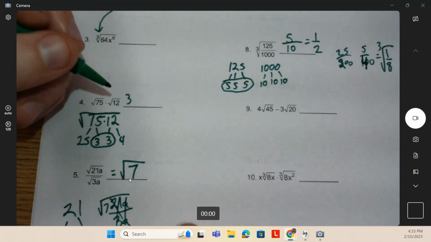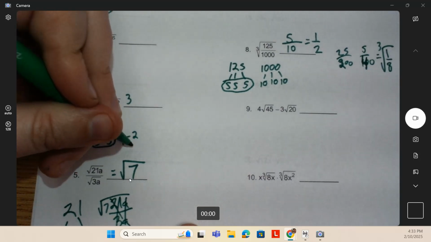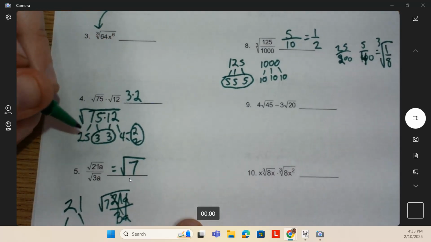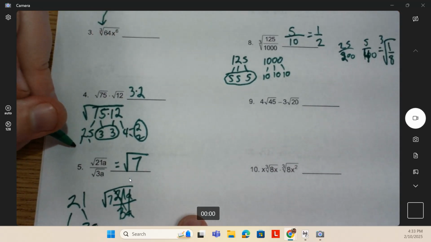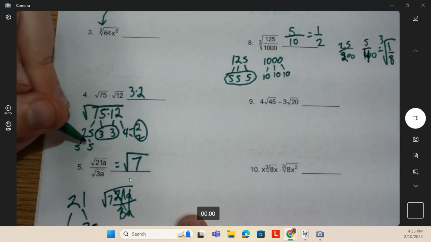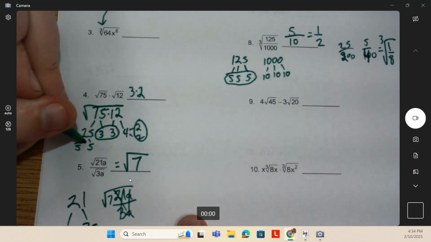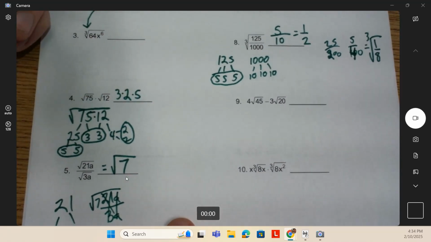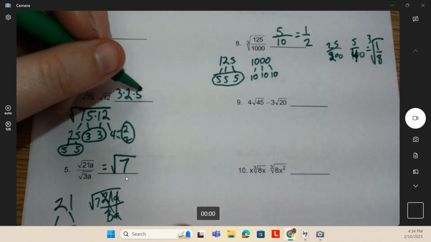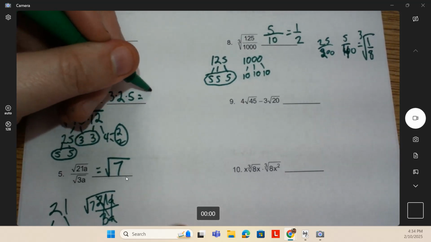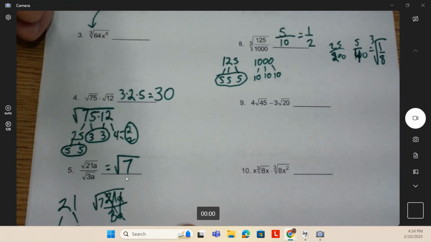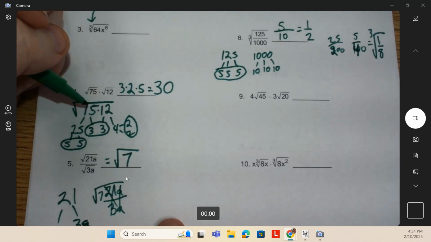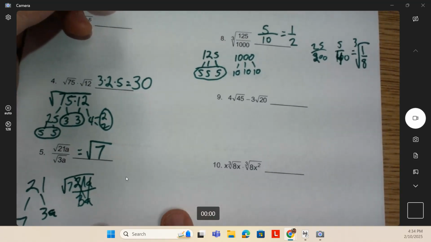Put a 3 out there. 4 splits up into 2 and 2, which gives me 2 out there. And 25 splits up into 5 and 5. So there's a pair of 5s. Then I'd multiply those together, get me 30. So for that one, everything does end up coming out of the house.